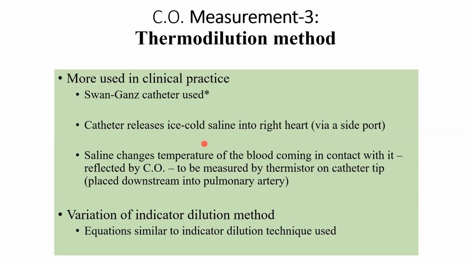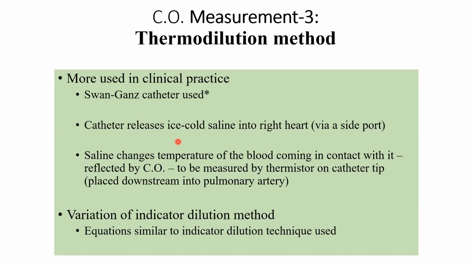So you have wedged your catheter in a way that the tip has gone through the valve into the pulmonary artery, or as far down the stream as you can. The ice cold saline gets released proximally inside the ventricle, and the thermistor lies waiting inside the pulmonary artery. You see what's going on.